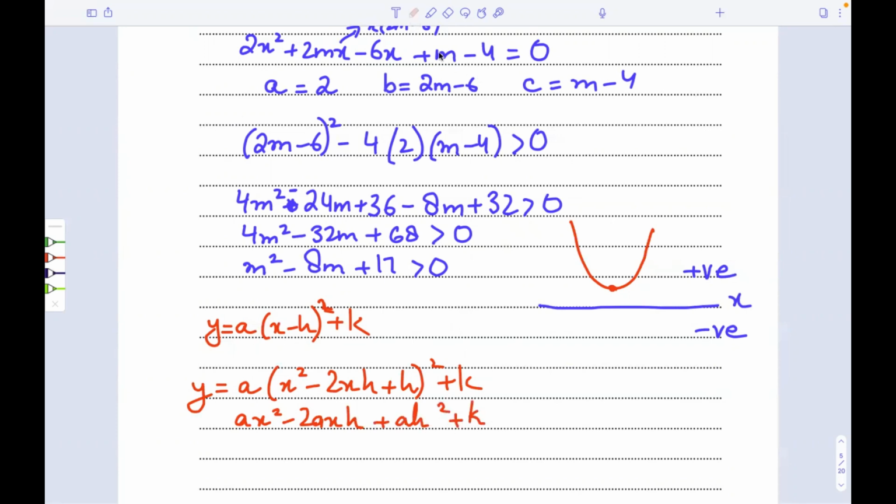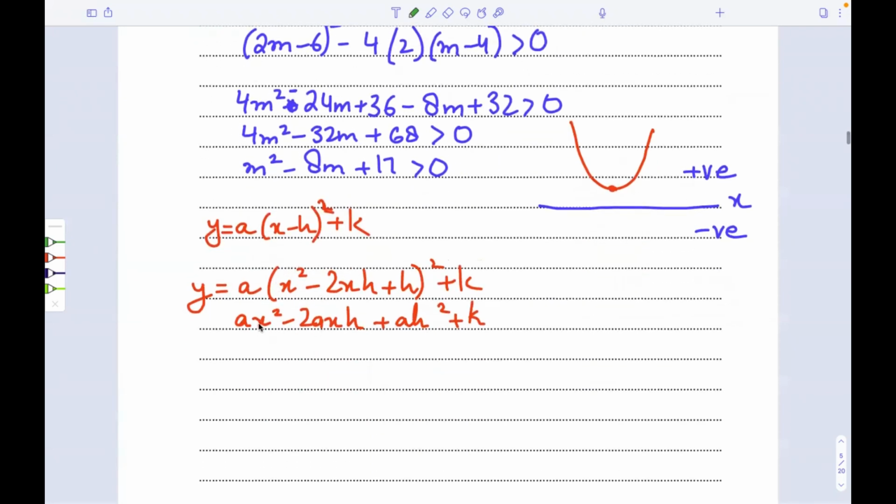Now, to avoid any confusion, we can just use a variable m instead of x. So to find the values of a, h, and k, we can compare the equations that we have.